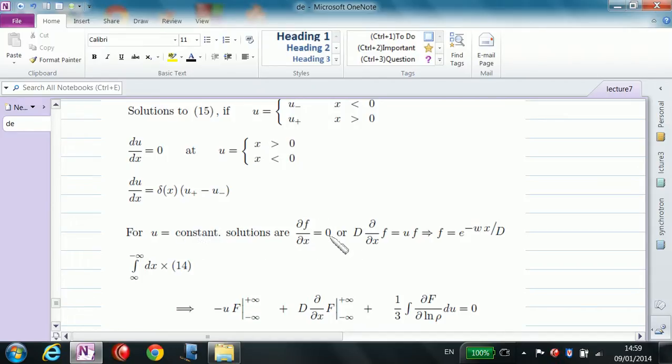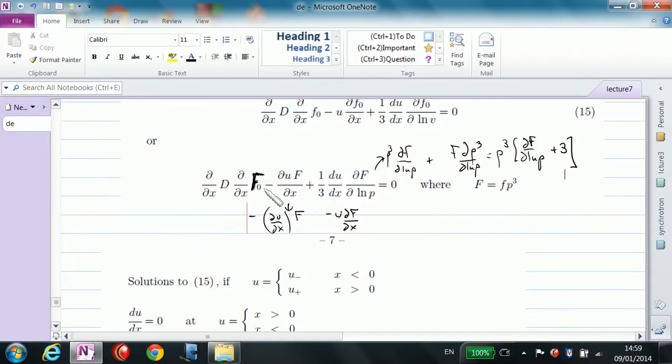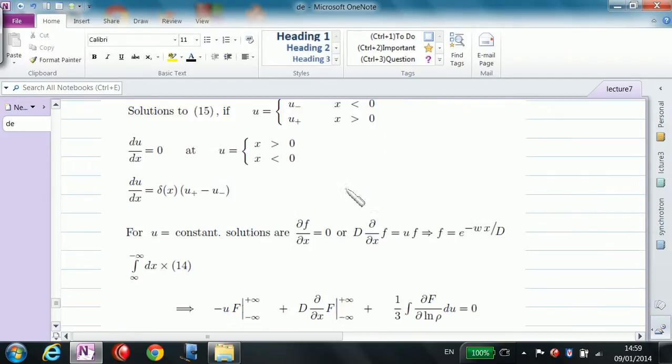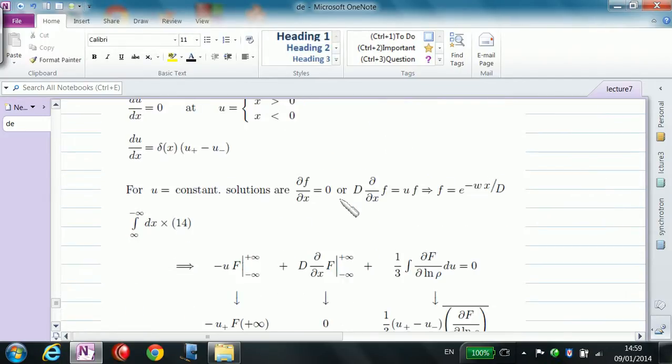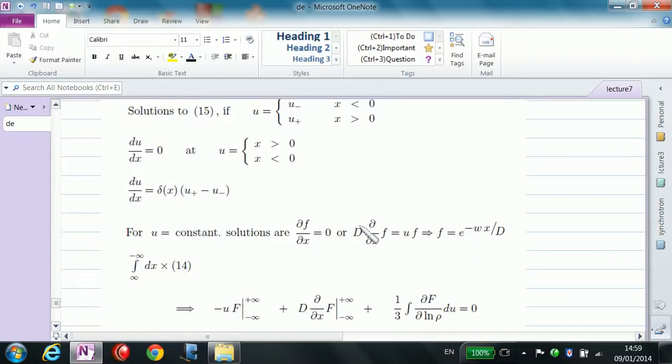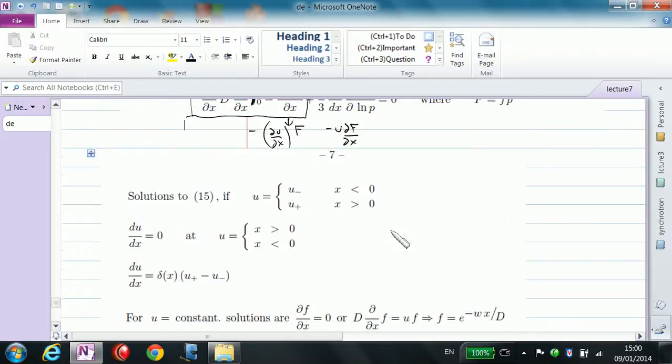Let's see how that works. When u is equal to a constant, I just have these two terms, right? U constant means the third term is 0. So I have the solution, it's just a diffusion equation, d dx of d dx f is equal to d dx of uf.